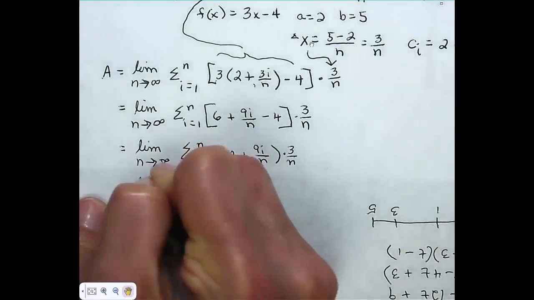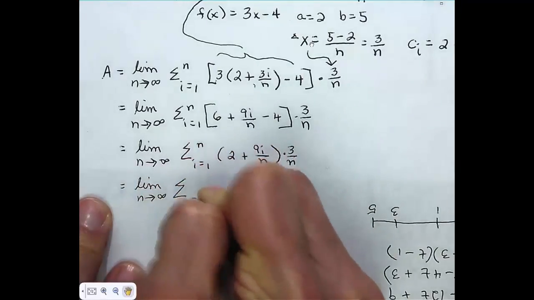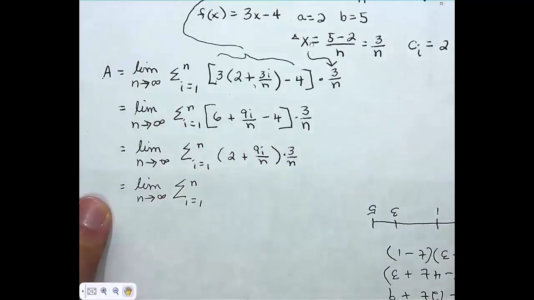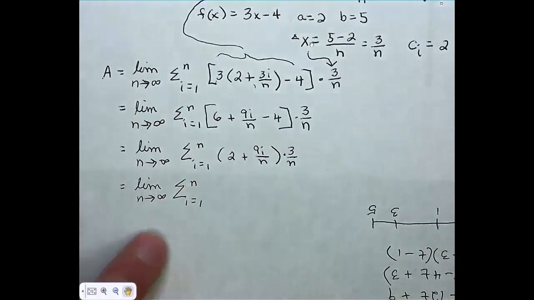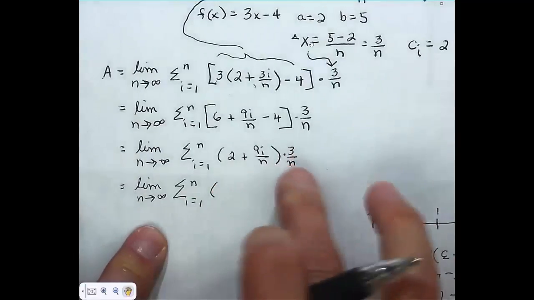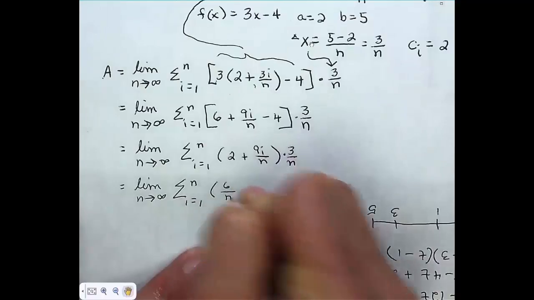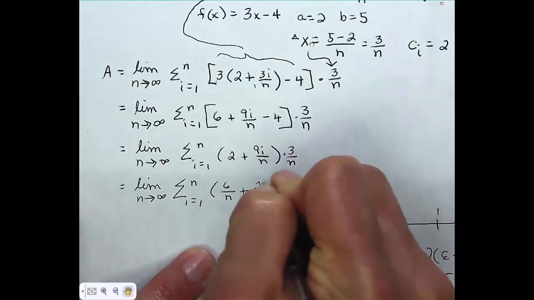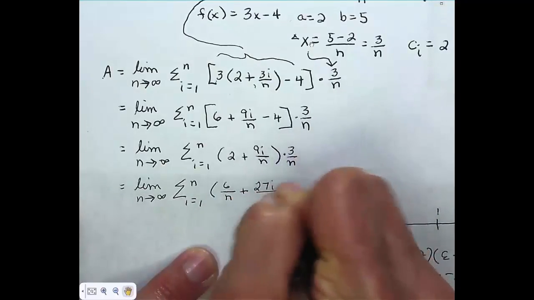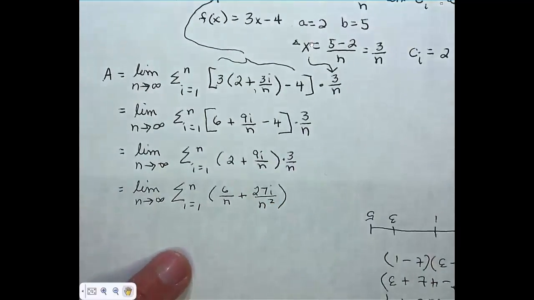That's the limit as n goes to infinity of the sum from i equals 1 to n of, I distribute the 3 over n, I have 6 over n plus 27i over n squared. Is that right so far?